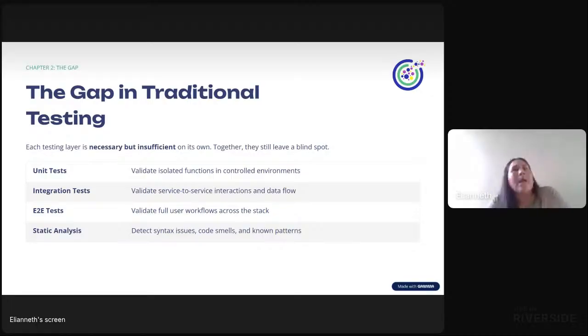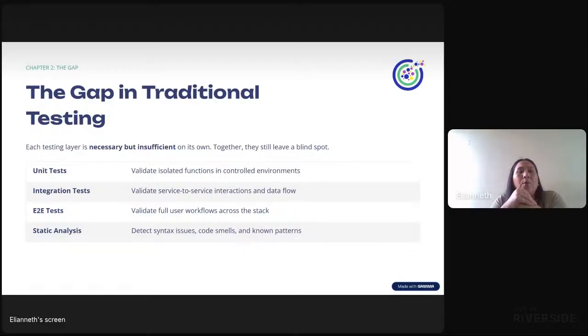So, what is the gap in traditional testing? Traditional CI testing is mostly focused on signal correctness. Okay, and these kinds of tests are not created to detect logic bugs. Even if each of these layers is completely necessary, they are not sufficient on their own. Together they leave one blind spot, which is the business logic and the business intent.